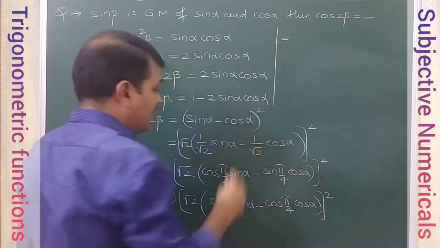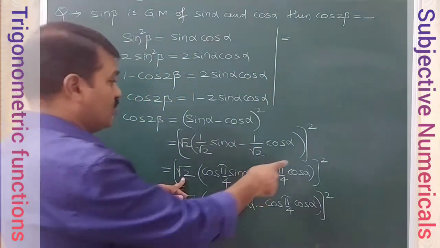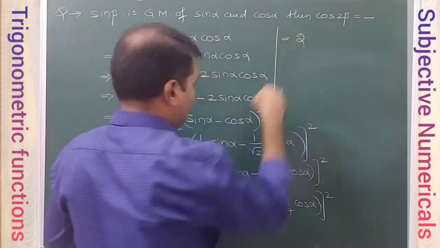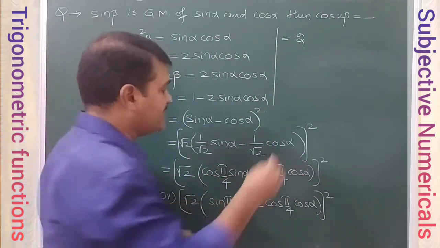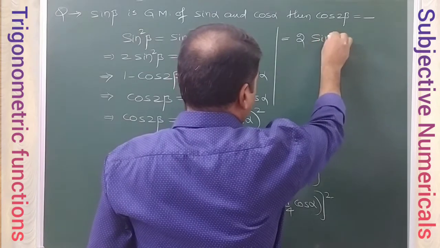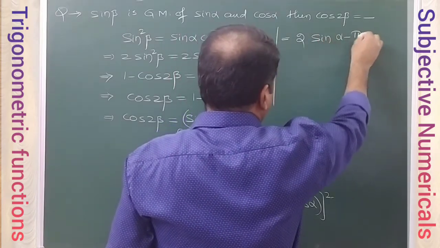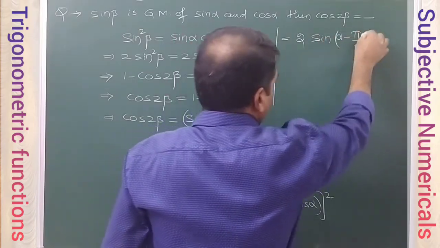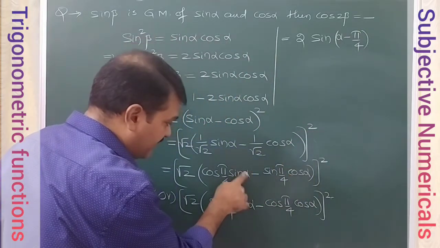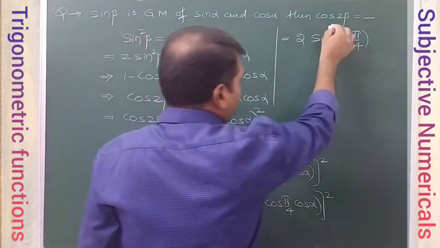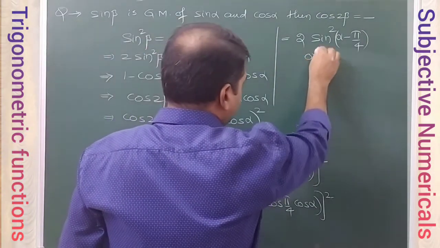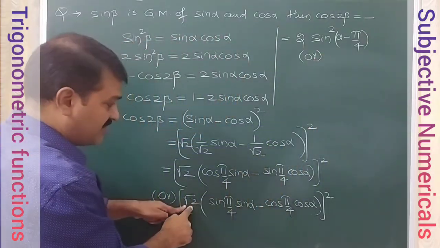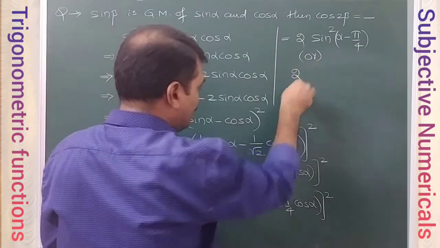So in the first model, root 2 whole square and sin A cos B minus cos A sin B. So you will get sin of A minus B. Square is there, no? So sin square I am writing. Or if you come to this model, root 2 whole square is 2.